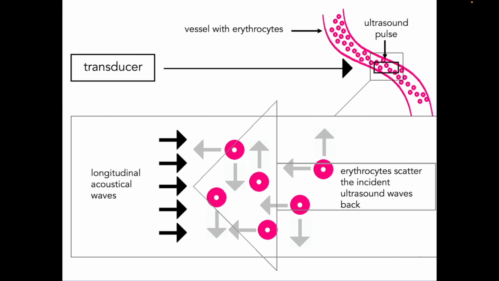Fortunately, part of this scattered ultrasound is directed towards the ultrasound transducer. The sum of all that ultrasound energy, which then can be received by the ultrasound transducer, is depicted by the large open arrow.